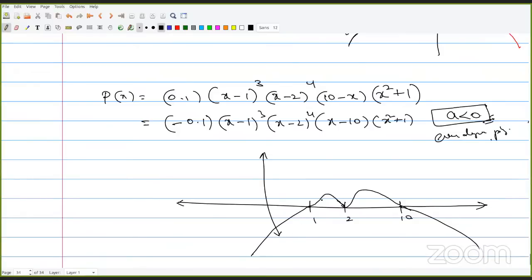We ignore it and the graph will be almost like this. Okay, we don't need the exact graphing. We need just the number of turning points, where the graph turns, where the graph cuts, in which interval. Sir, will the turning points not be affected if we don't consider x square plus 1? I don't think so. It won't affect that.